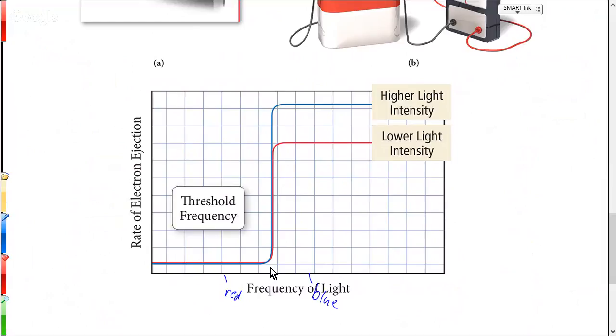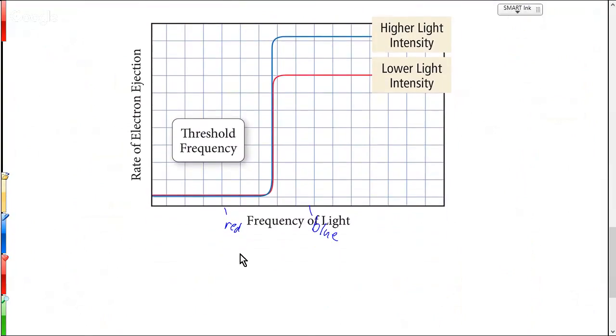The consequence of that is that there must be a particle of light, or something we can call a particle of light, that has enough energy to bounce this electron out of the metal. So even just one little piece of light, if it has enough energy, could do this. And this is the beginning of what we call quantum mechanics, because now, instead of talking about light as just this wave thing, we talk about it as these little packets.